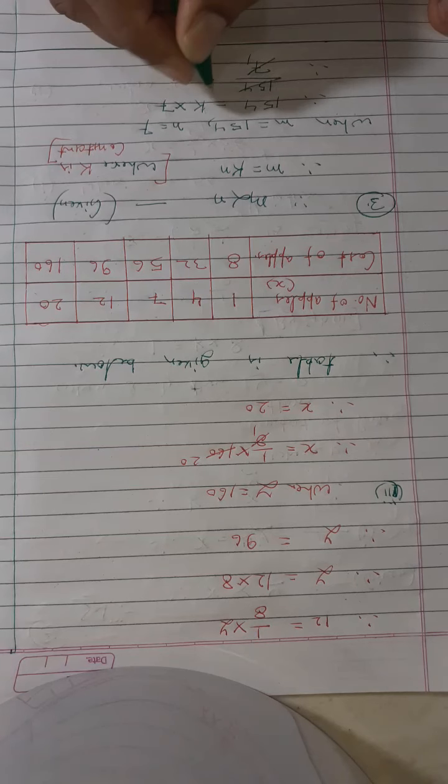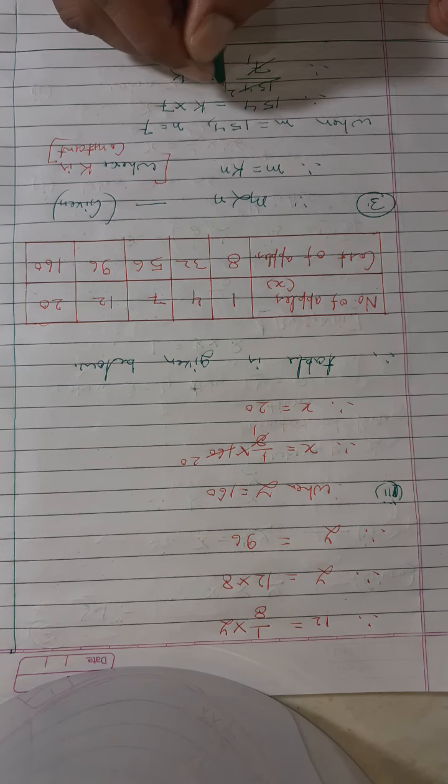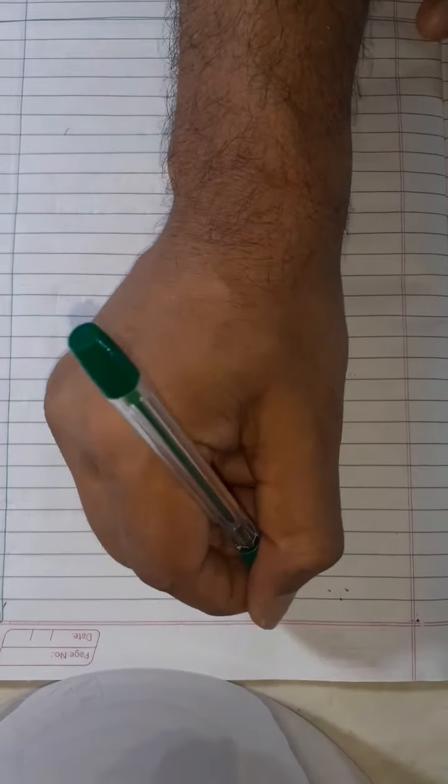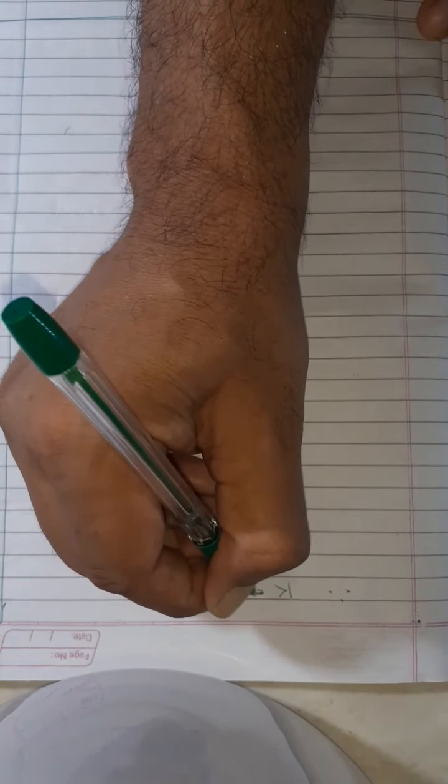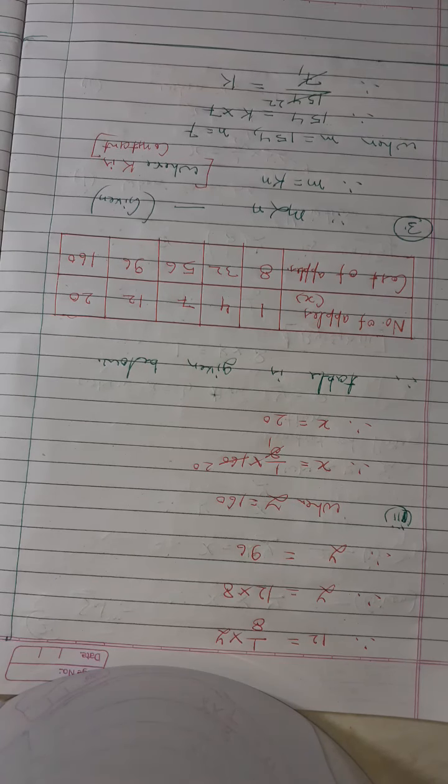So 7 2s are 14, so we get k is equal to 22. Clear? Where do you put it?